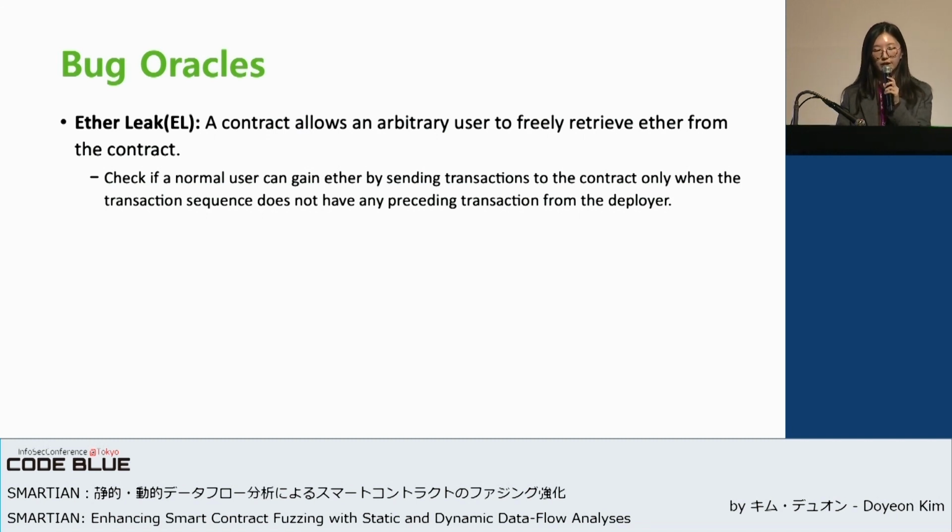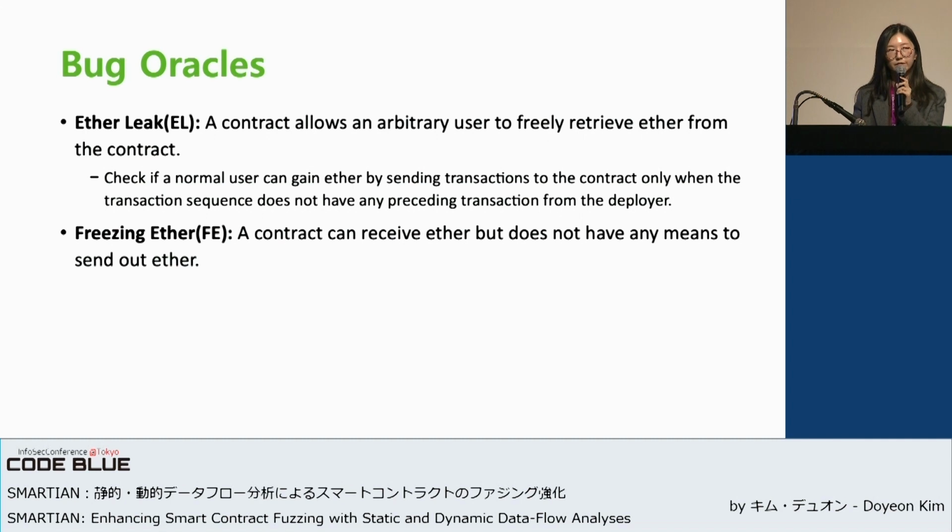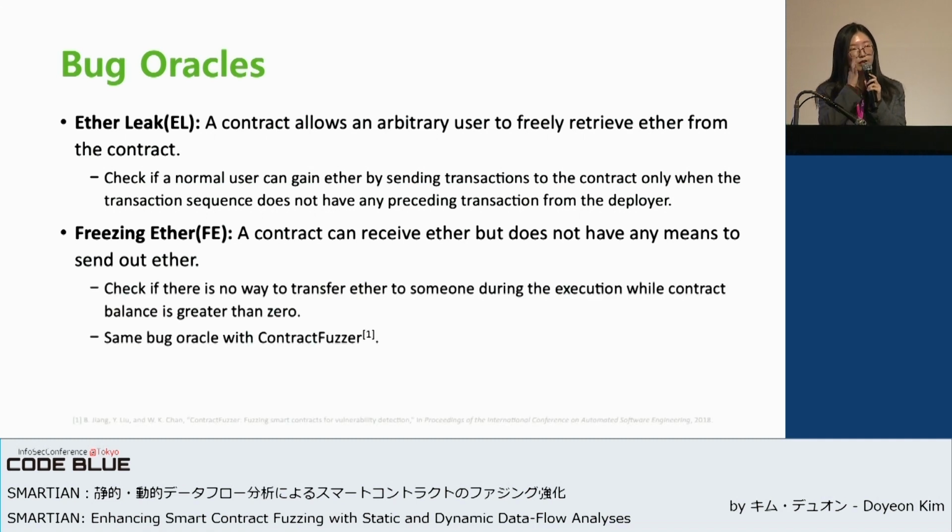Next is freezing either, which is when a contract can receive either but does not have any means to send out either. So we check if there is no way to transfer either to someone during the execution while the contract balance is greater than 0.